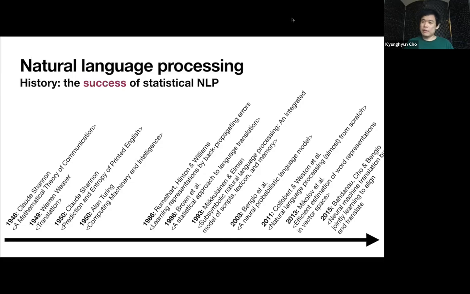And in 2015, not to brag myself, I was involved in using this idea of statistical natural language processing and neural networks in order to build one of the very early, convincingly working natural language generation systems, in particular for machine translation. So in some sense, the history of natural language processing so far could be summarized, perhaps a bit obnoxiously, as the success of statistical natural language processing, where the emphasis is on statistics.